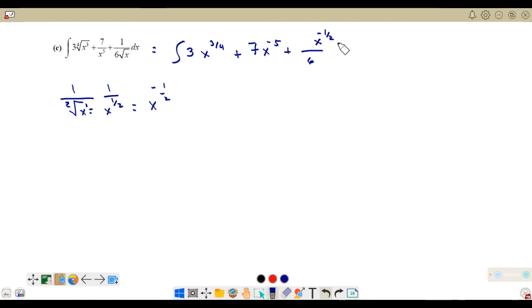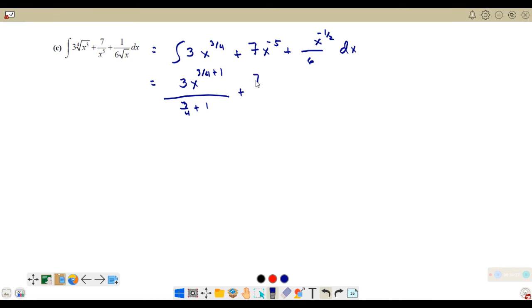And of course, do not forget dx, the one that will serve as the marking for the end of our statement. Solve na tayo. So, we have 3x raised to the power of 3 over 4. Mag-add tayo ng 1. The new denominator is 3 over 4 plus 1.